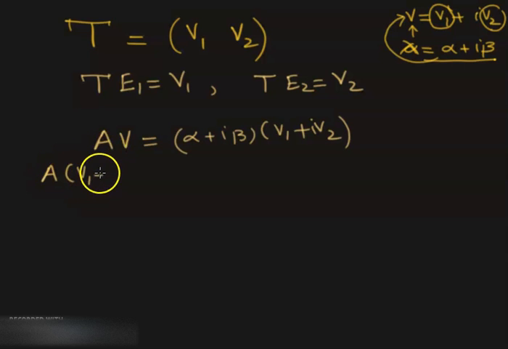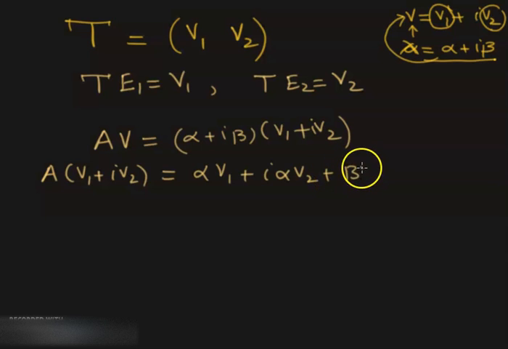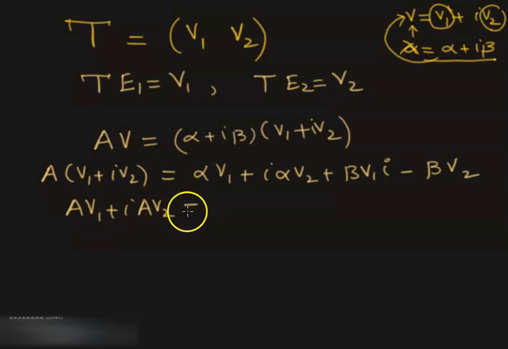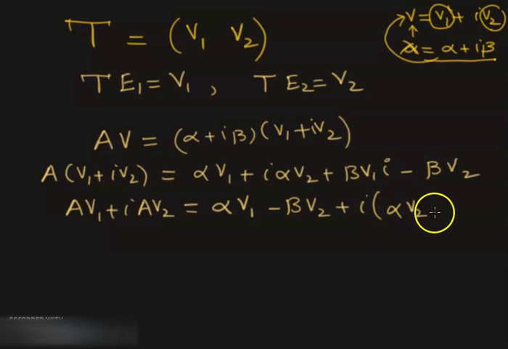This is equal to alpha v1 plus iota times alpha v2 plus beta times v1 iota minus beta v2. So this is Av1 plus iota Av2, equal to alpha v1 minus beta v2 plus iota times (alpha v2 plus beta v1).